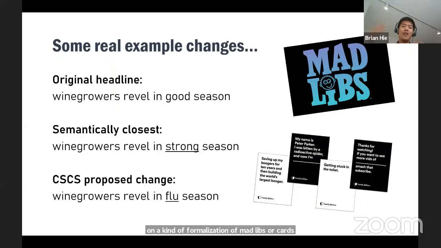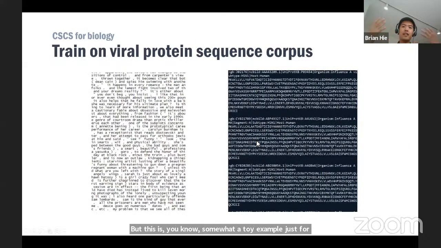But this is somewhat a toy example just for intuition. What we were actually interested in is applying this to see if we can model viral escape. And we can just train a language model, instead of on sequences of words, using the same techniques, on sequences of amino acid residues.